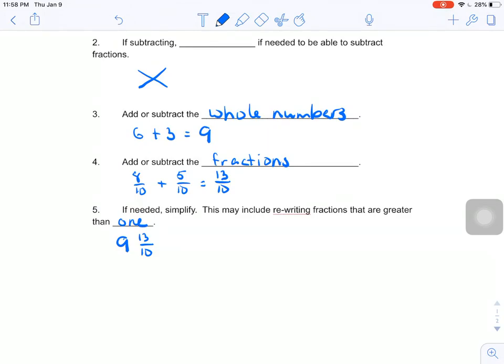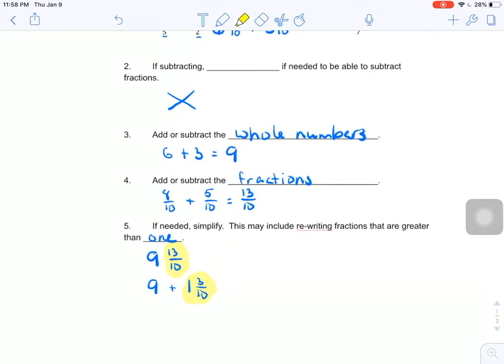So 13/10 is greater than 1. So we can actually take this fraction and we can rewrite it. So 13/10 is the same as 1 and 3/10. So that is just rewritten with the whole number that's hiding in there pulled out.